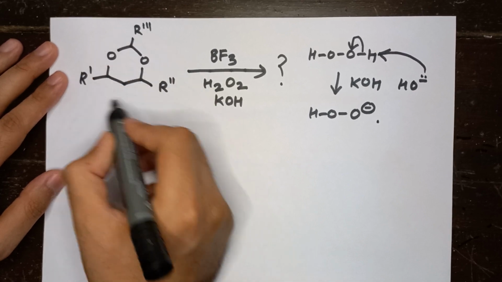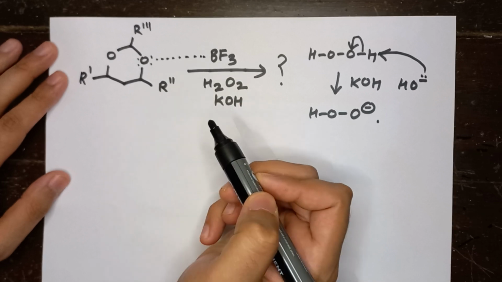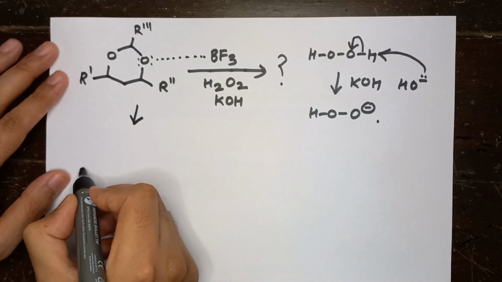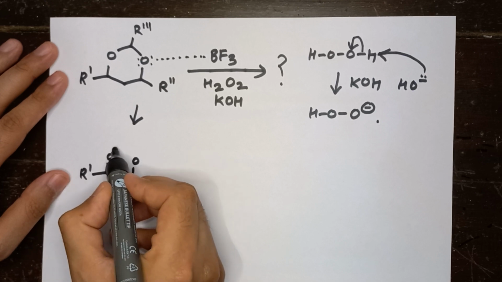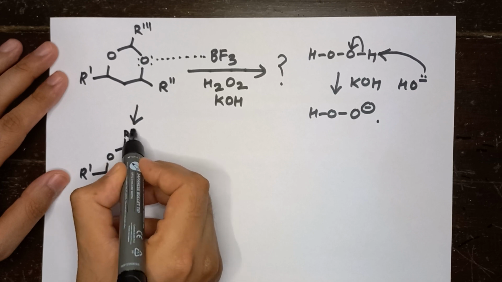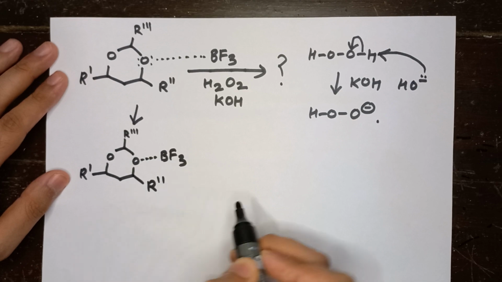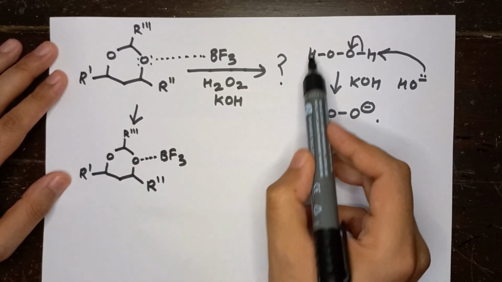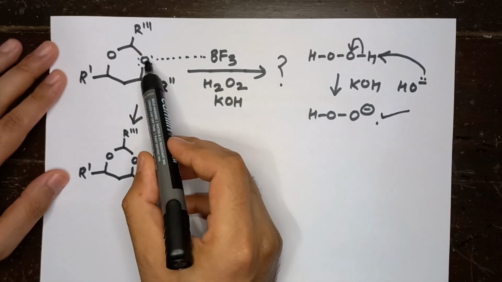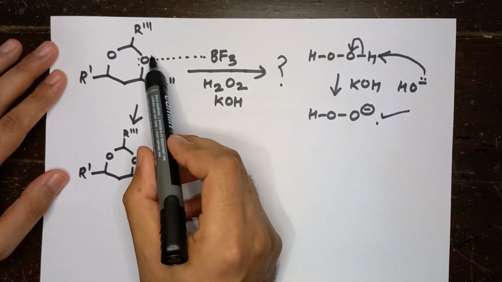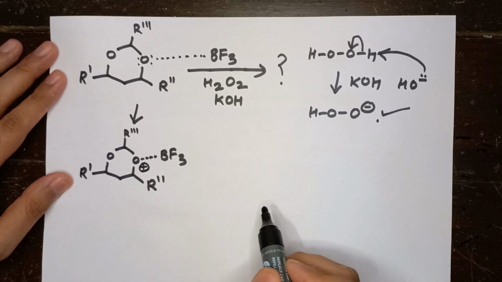So this is my starting material, and we know BF3 is a Lewis acid. So this oxygen will do chelation with BF3, and this will generate this one. So we have H2O2. Under basic condition, HO minus will grab this proton and generate the peroxide anion. Then in the first step, this oxygen coordinates with this Lewis acid BF3 and gets a partial positive charge.